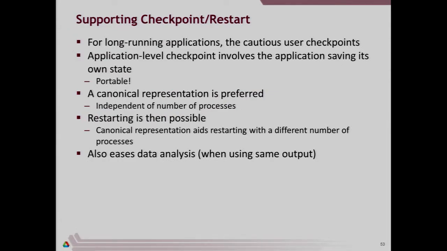So when we think about checkpoint and restart, the reason we think about it is our machines aren't as reliable as we would like. If our machines were incredibly reliable, this would not be a topic for discussion today. We would focus instead only on saving your critical science data so that you can solve your science problems.